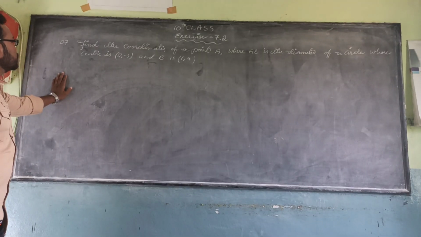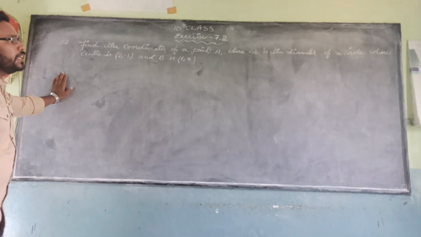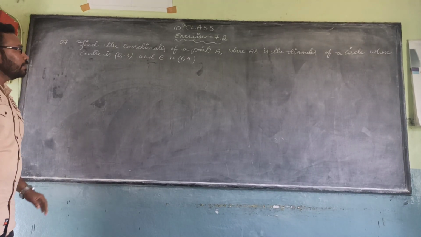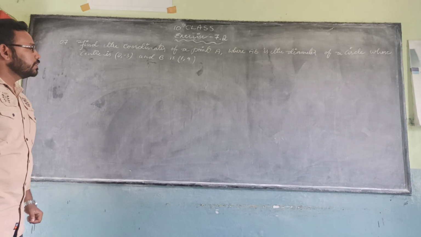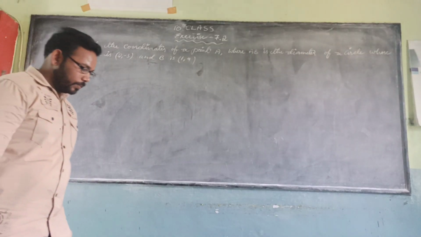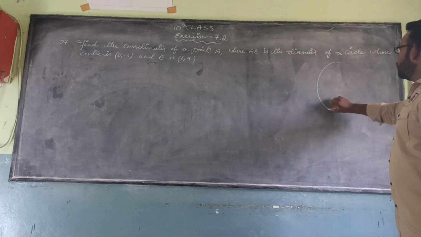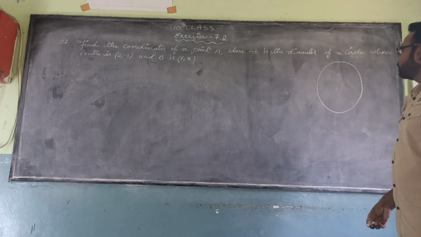Here the seventh question is: find the coordinates of a point A where AB is the diameter of a circle whose center is (2, minus 3) and B is (1, 4). Here it is clearly mentioned that it is a circle.